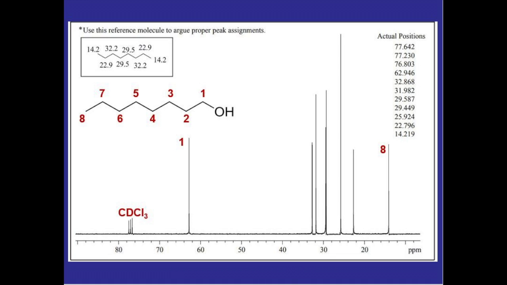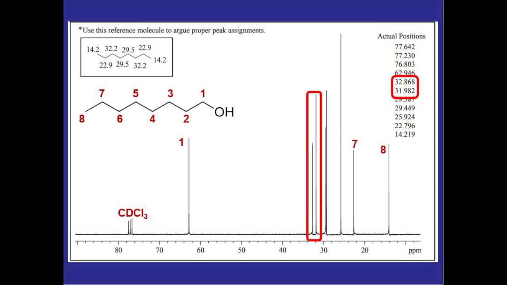Now if we look at carbon 7, we would expect it to have a chemical shift of 22.9, which if we look at the actual positions, we see one right around there, so we'll go ahead and label that peak as carbon 7. As for carbon 6, we would expect it to be around 32.2, but we actually see 2 peaks around that range, so it's hard to tell which one is which, so we'll come back to that.